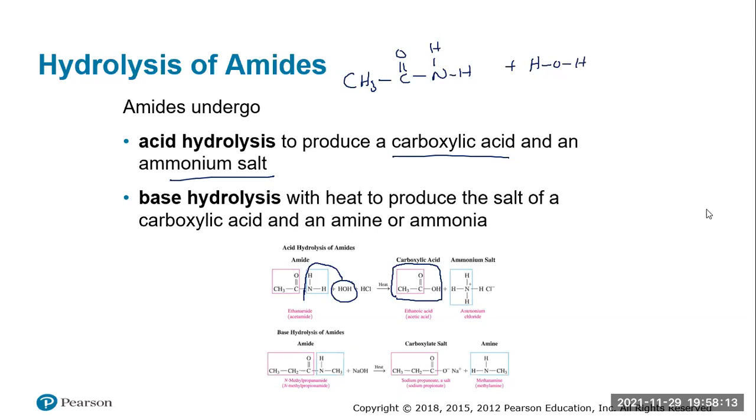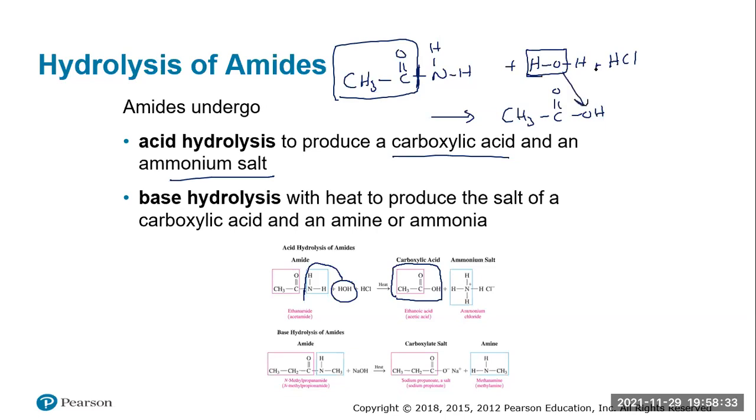And acid hydrolysis with our HCl involved as well. Basically, we're going to break it right there, and we will then make the carboxylic acid back. When you do that, you get the OH, and the OH you can think of as coming from here. That leaves you this part, which is a nitrogen and two hydrogens.